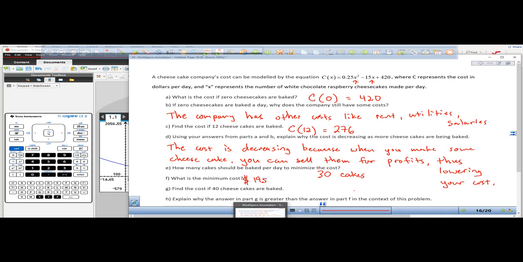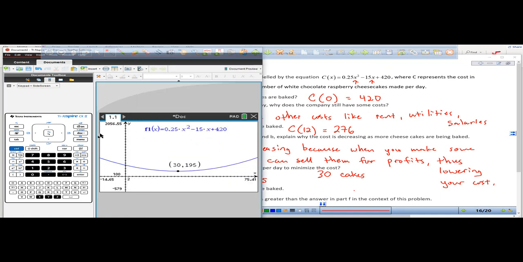G, find the cost if 40 cheesecakes are baked. Once again, if you want to find the cost, you could take 40 and plug it into the equation for x and then work it out, or you could just use the table. It's really up to you.